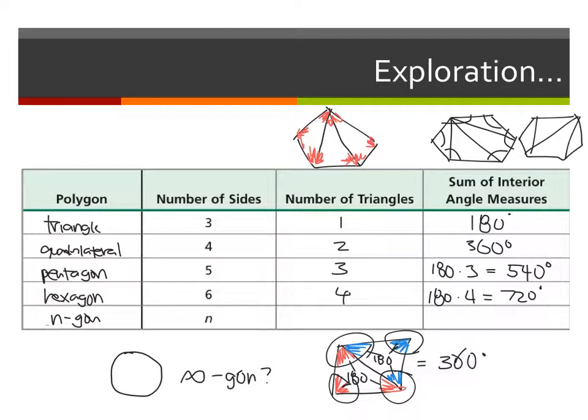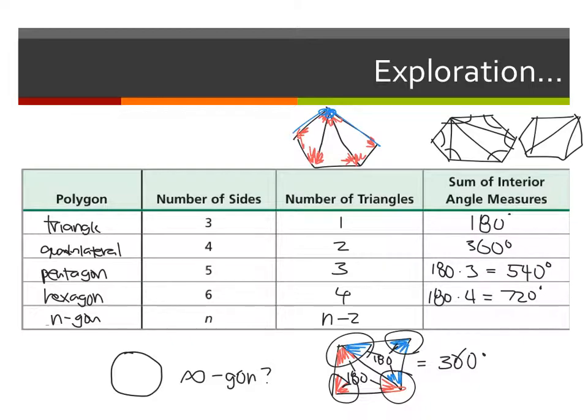So Owen, what pattern do you see in the number of triangles? It's the number of sides minus 2, right? Minus 2. And that is actually the case. You can kind of see it visually too, can't you? If you are drawing lines from one point, you can connect to all the points except for the ones immediately next to it, right?